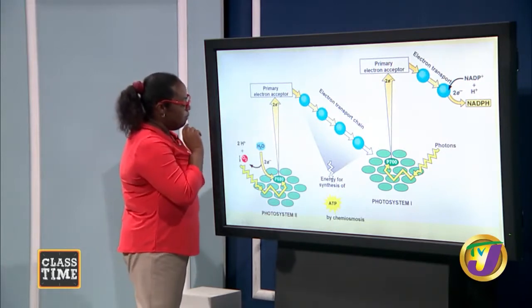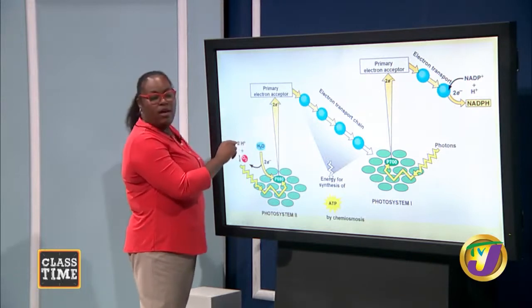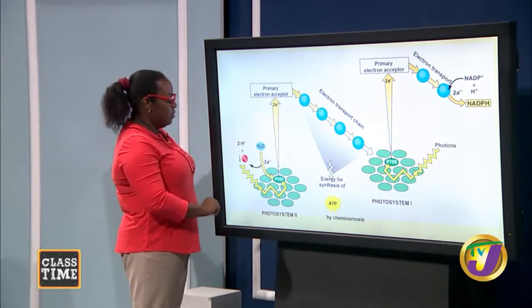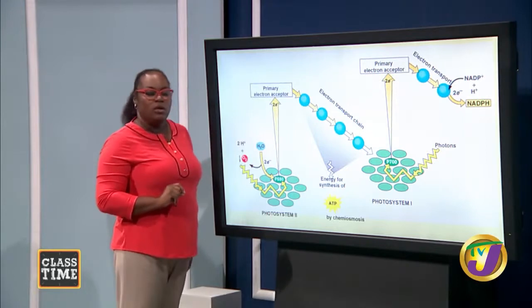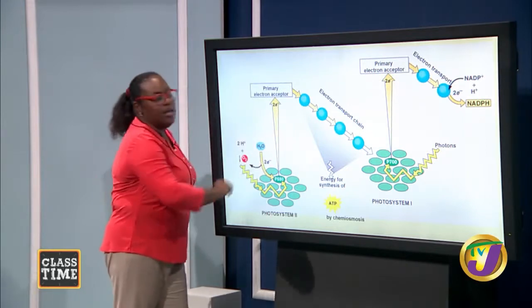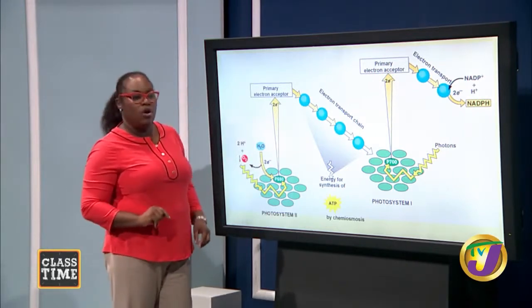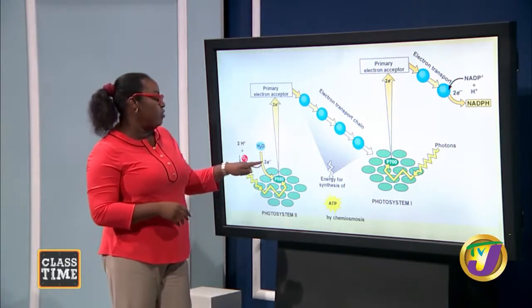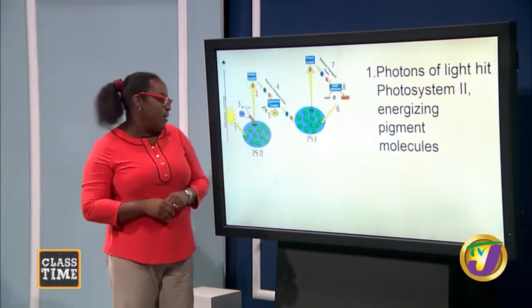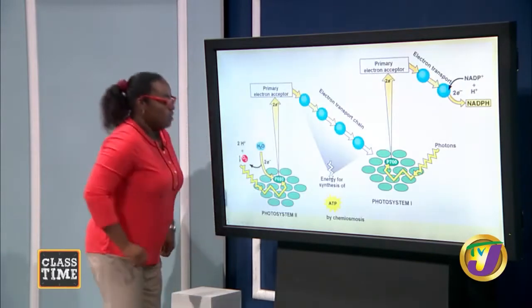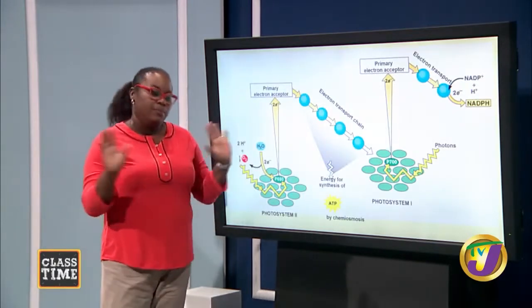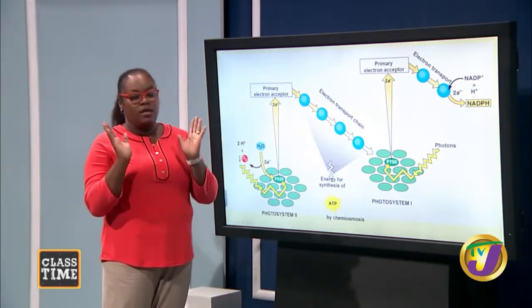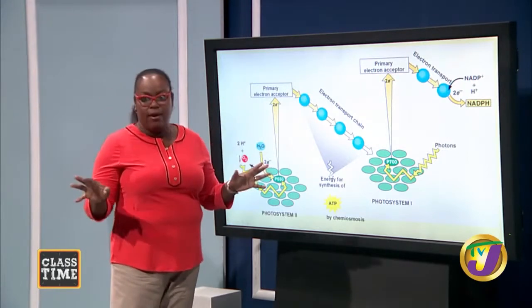But apart from just the 2 hydrogen ions that are released and the oxygen that comes off, there are 2 electrons that also come off during the splitting of the water. And so these 2 electrons go to satisfy P680. So P680 feels good again, it has its 2 electrons, it's all right.